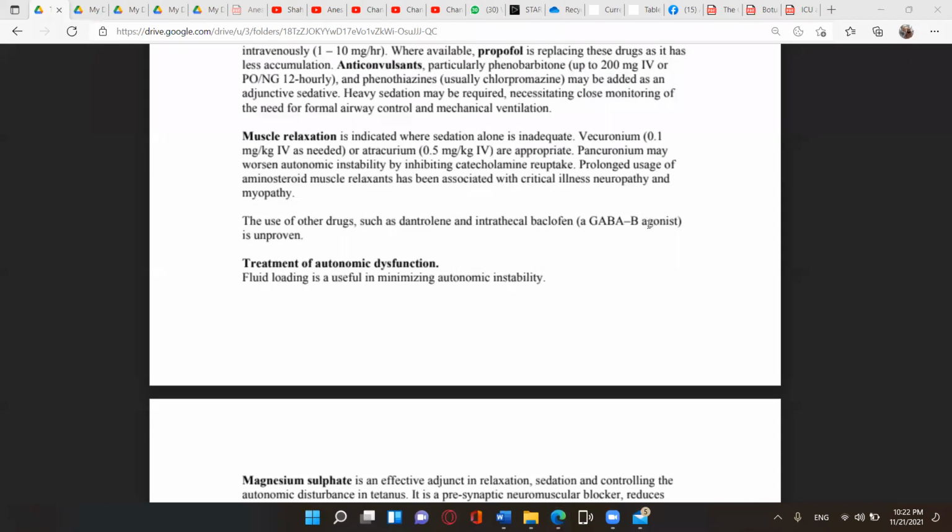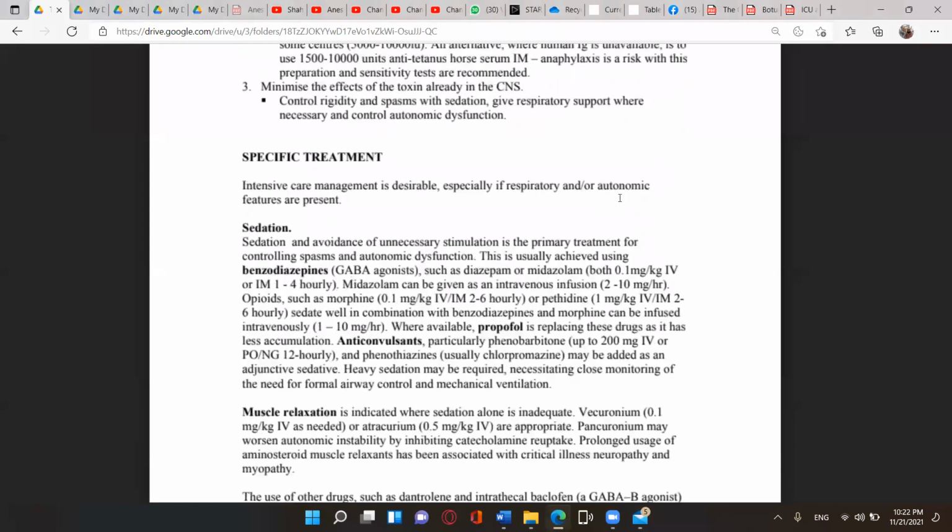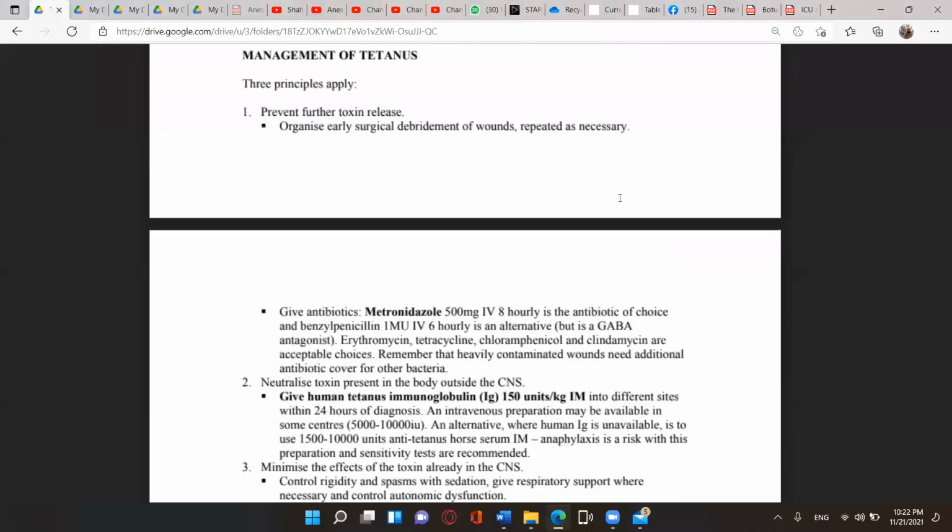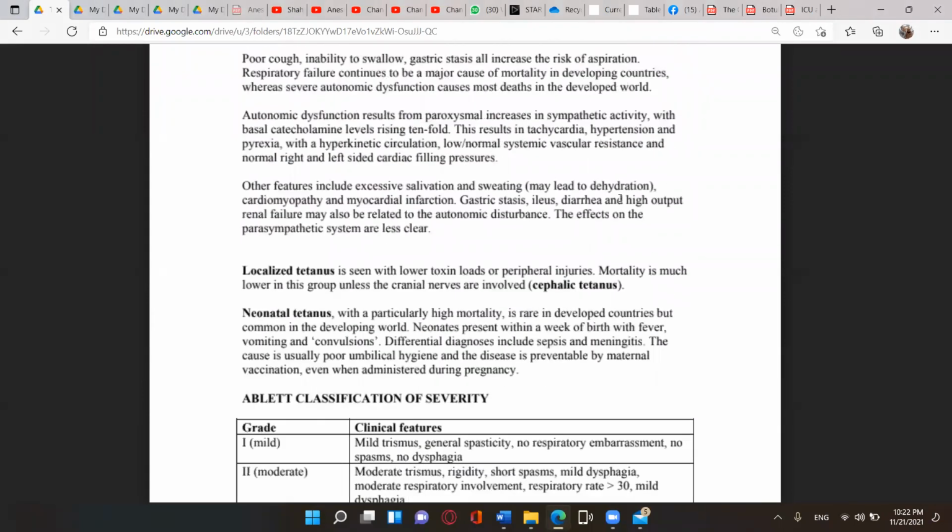Actually, it's not too important for anesthesia, but somebody asked about neonatal tetanus, and I just explained that the tetanus injection, toxoid for active immunity, is given at the 7th month of pregnancy for the prevention of neonatal tetanus.